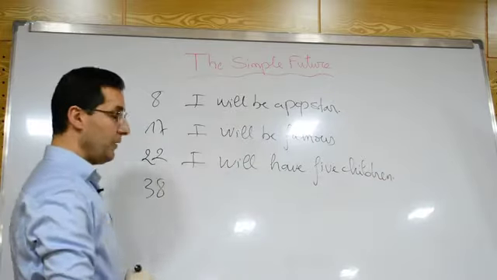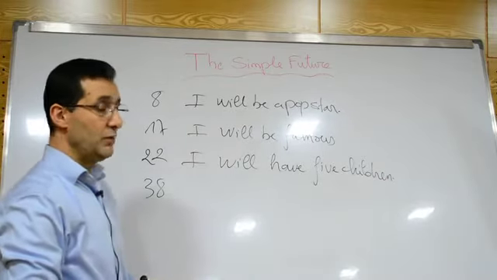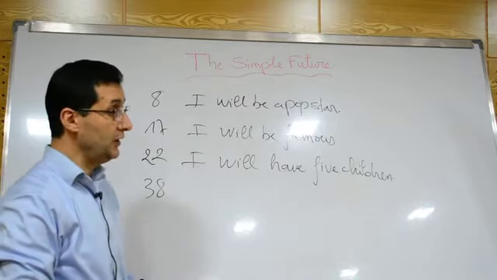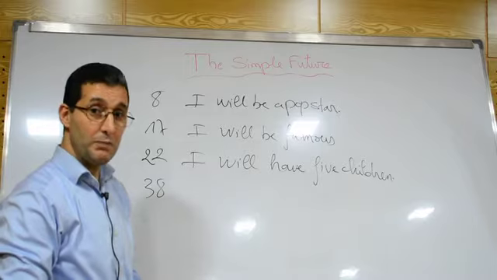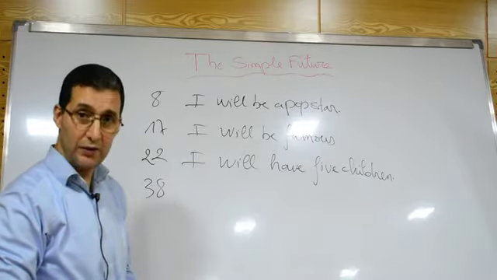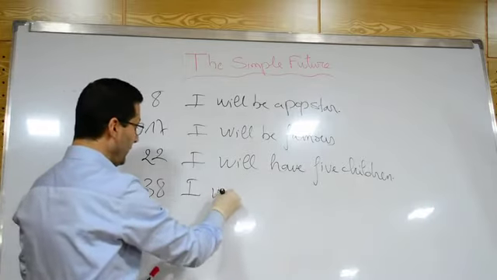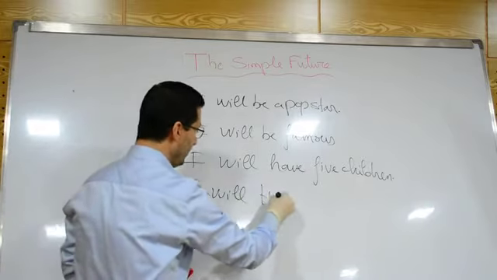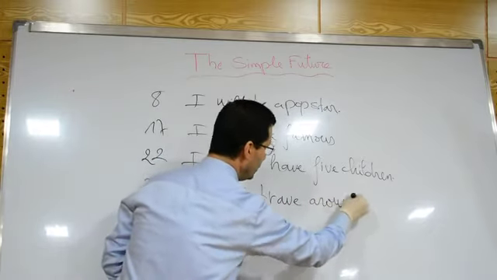Then, number 38. I will travel, and you have slash world. What's the preposition I'm going to use here? It is around the world. I will travel around the world.